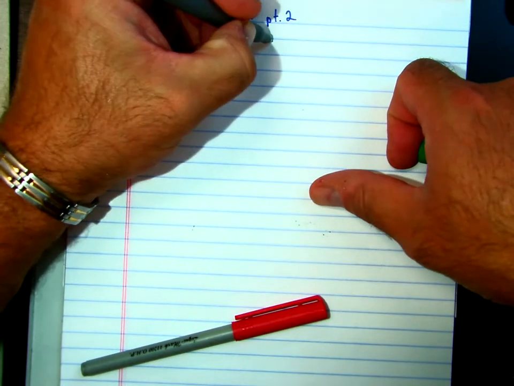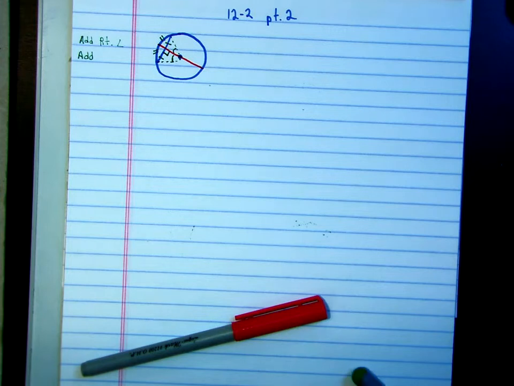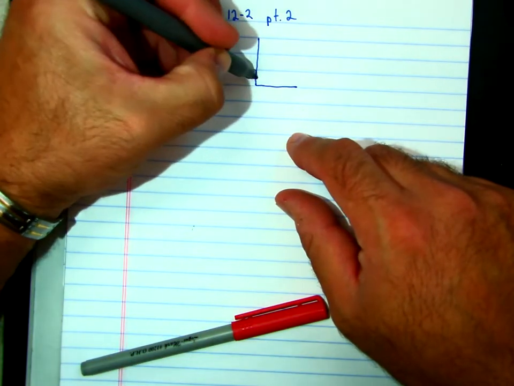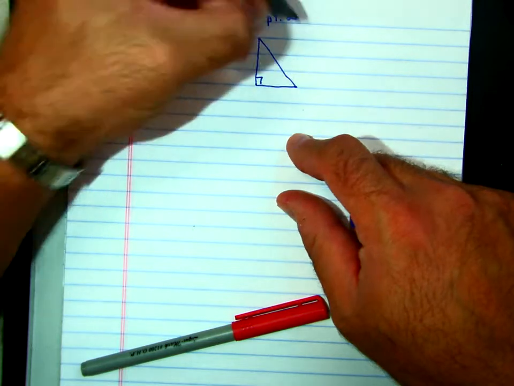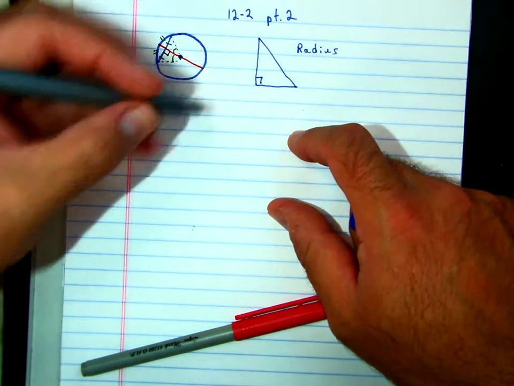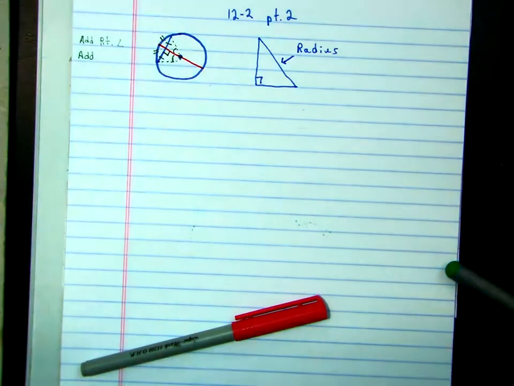And we've talked about this before, that when you're doing right triangle work, there's certain sides that you know for a fact will always be. The radius is one of them. The radius will always be the what? Correct. The radius will always be your hypotenuse.